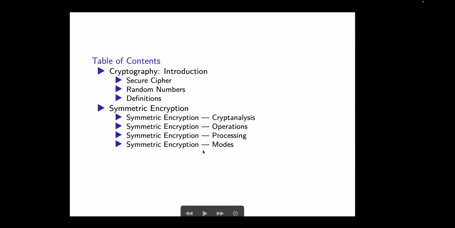We start with what ciphers are, why we need ciphers, why we talk about random numbers. And we do a little bit about crypto analysis, what sort of operations the crypto systems are using. And then we will talk about different modes of symmetric encryption, how the ciphers actually work. So we'll look a little bit inside.